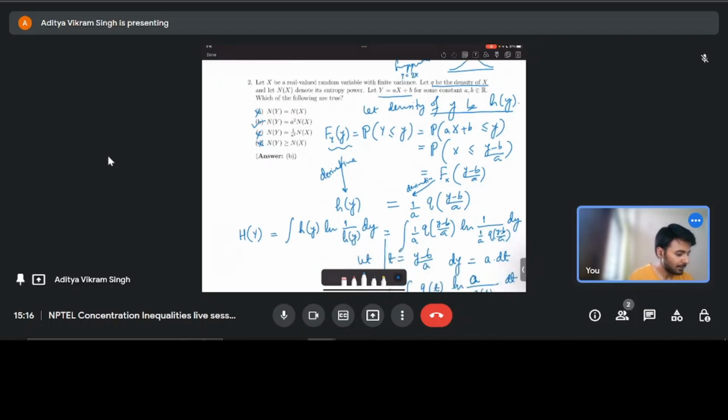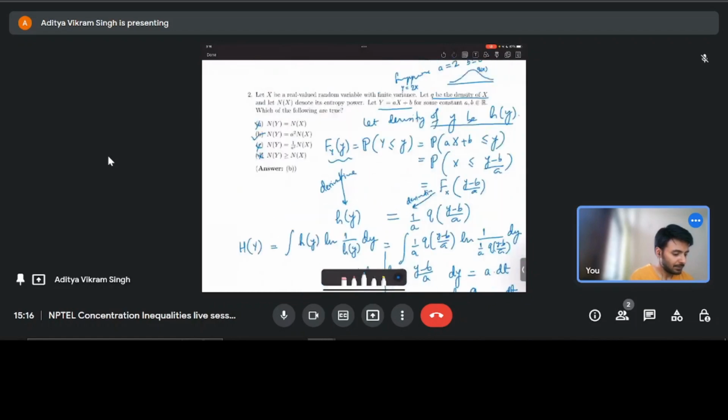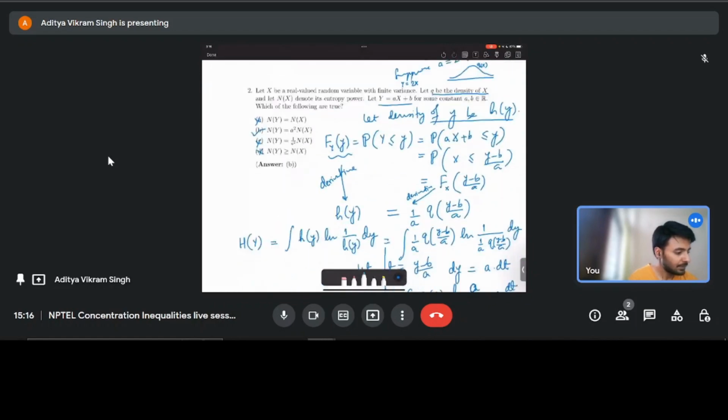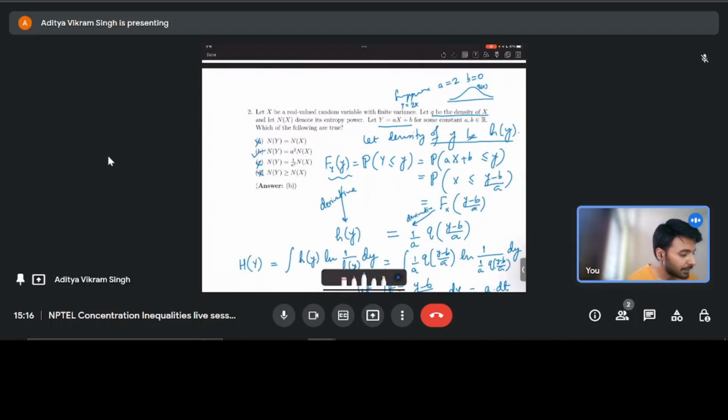So the density of y would be broader, and would be something like this. This would be h(y), or h(x), right?